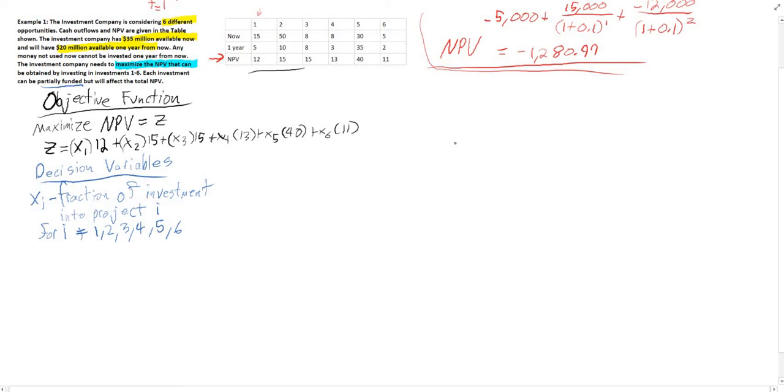Now let's go through our subject to, or our constraints. So of course we have a constraint here, 35 million available now.